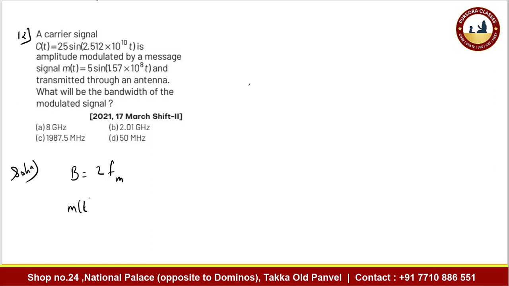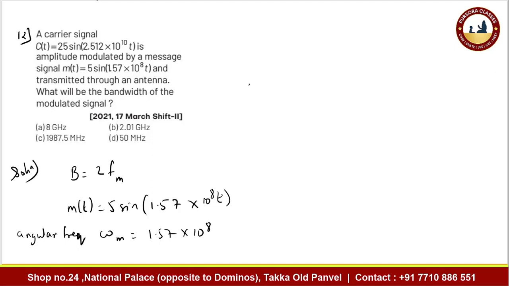So your message signal is given by pi sine 1.57 into 10 raised to power 8 t. So from here we have the angular frequency of the message signal as 1.57 into 10 raised to power 8 radians per second.